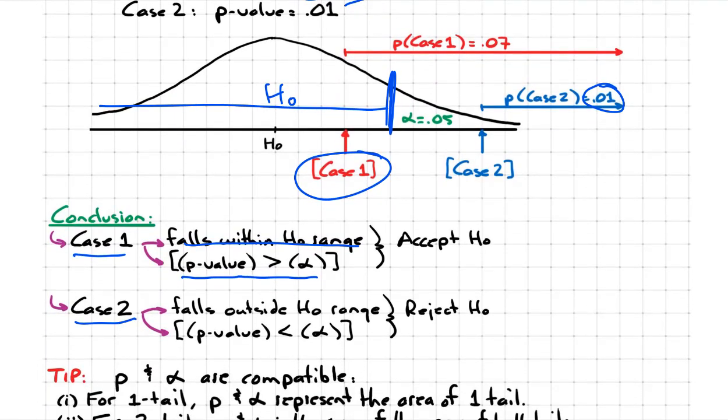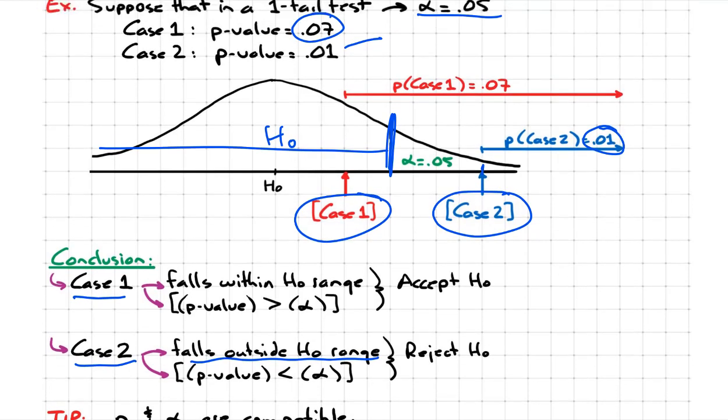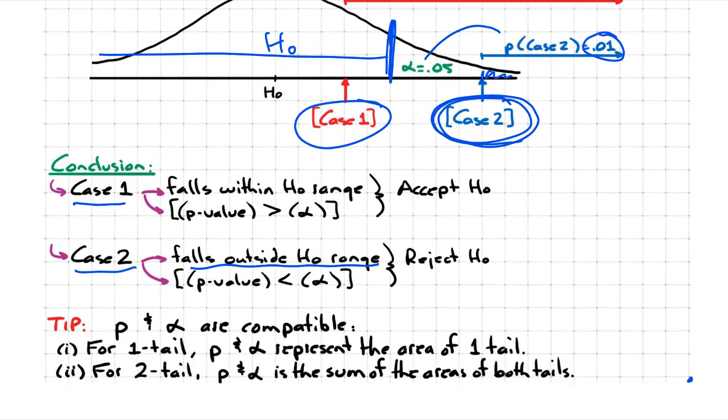However, in case 2, you can see that the sample fell outside the null range. But then what's the resulting observation in the tail area? Well, if the sample fell outside of the null range, it would mean that its tail is even smaller. In other words, its p-value is less than the tail that's created from the goalpost. And then, of course, the conclusion is that we reject the null.